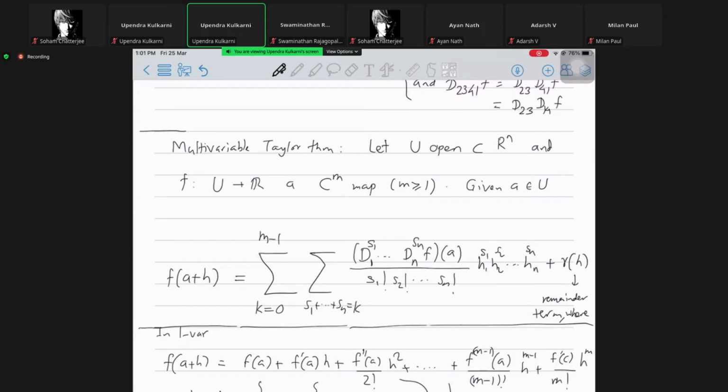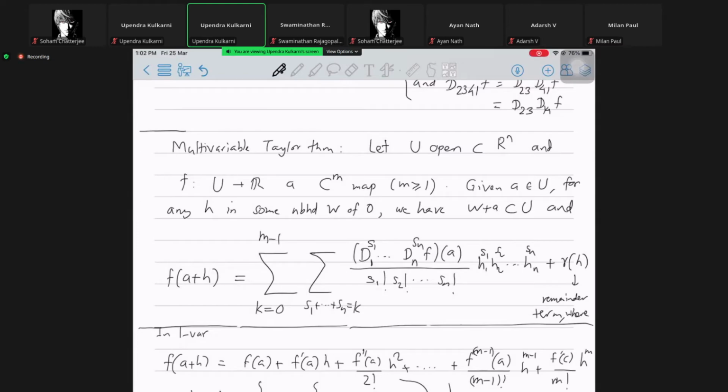So, given any H in some neighborhood of 0, let me even name this neighborhood W of 0, we have W plus A contained in U, and so I hope you can parse this.